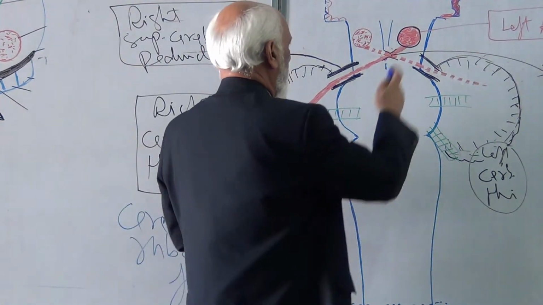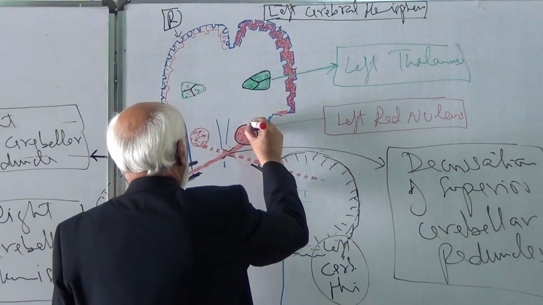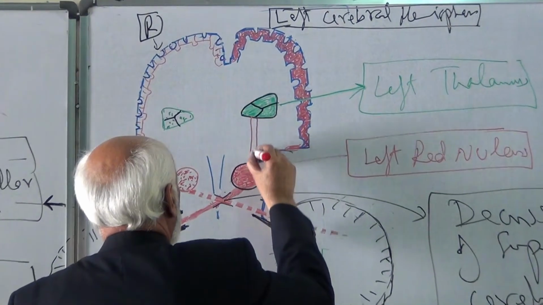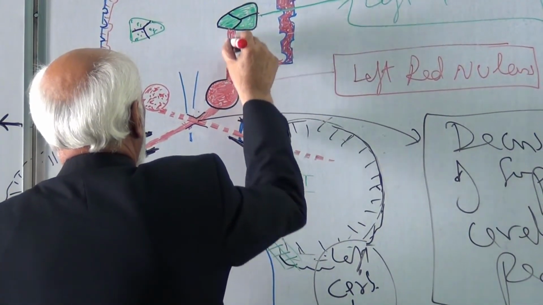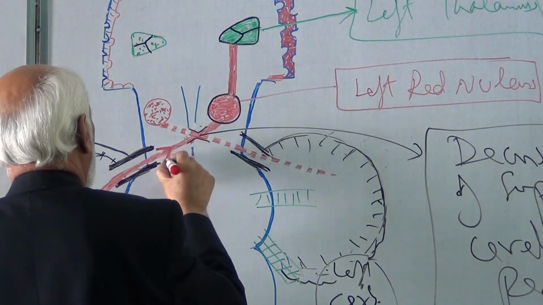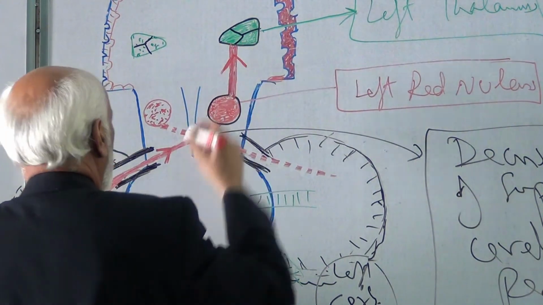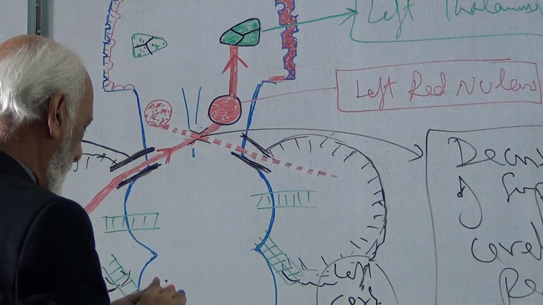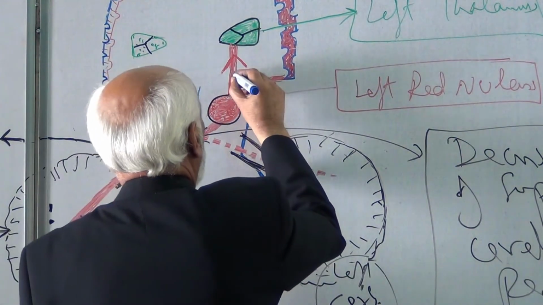Then from the left red nucleus, the fibers continue to relay in the left thalamus of the left cerebral hemisphere. These fibers are known as the rubro-thalamic fibers.